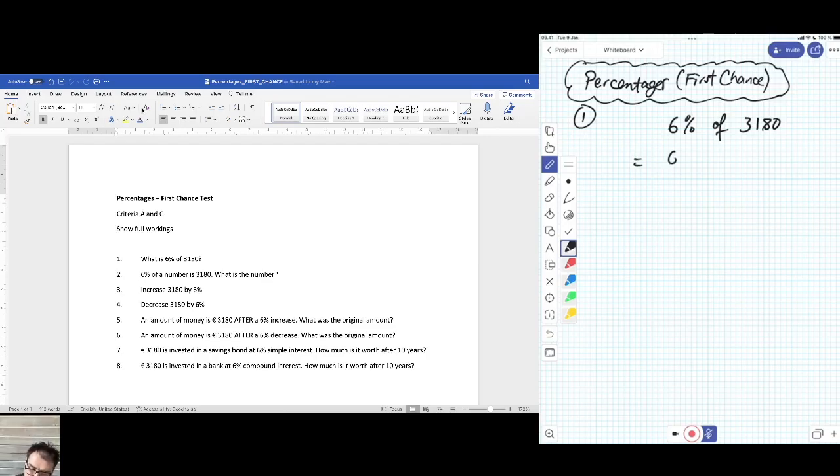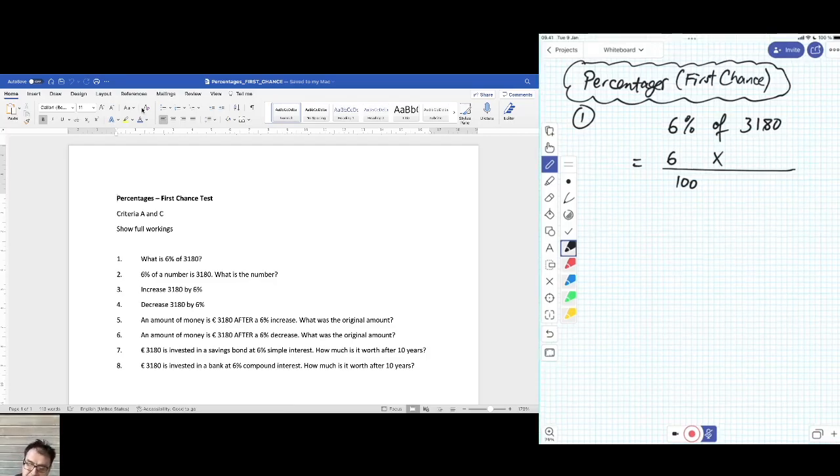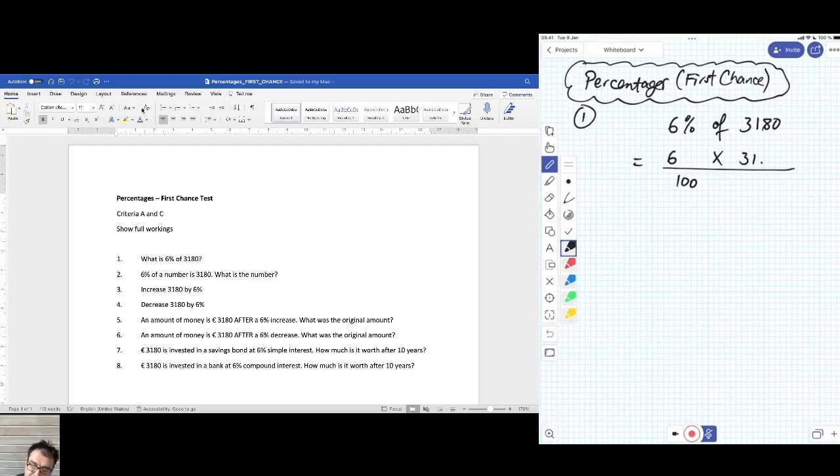So that's 6 on the top out of 100 on the bottom as a big fraction. Whenever you see of with fractions, it means you're multiplying. So that's 6 times 3,180 on the top divided by 100 on the bottom.